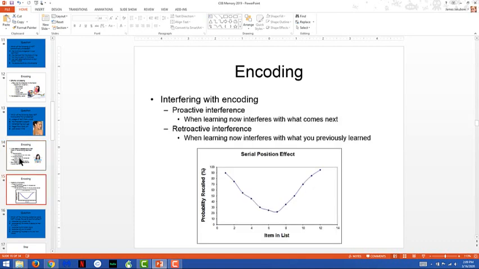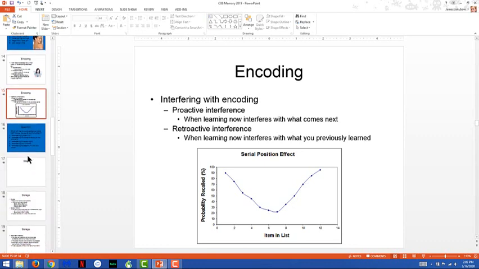Now, there's one final topic here that we're going to hit before we finish this topic, and that is the issue of the serial position effect.